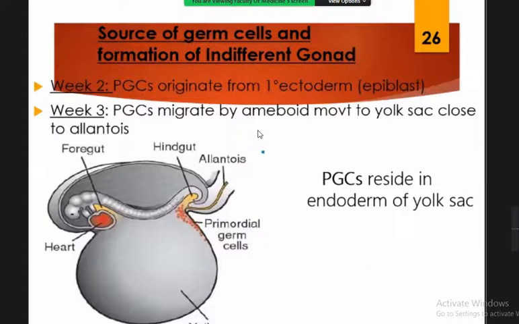The germ cells are derived from the epiblast, or what we call the primary ectoderm. Primary ectoderm because during the 3rd week of development, as the epiblast is forming the 3 germ layers, what remains of the epiblast is what forms the ectoderm, and that's why we call it the primary ectoderm.